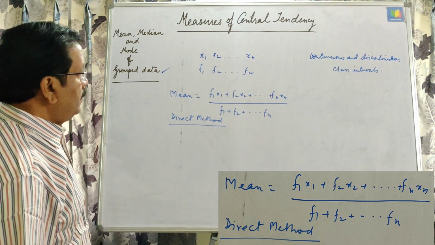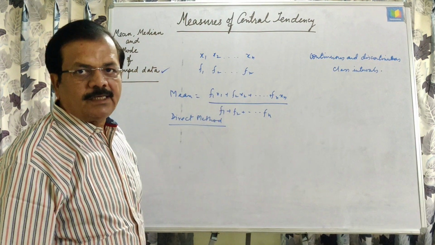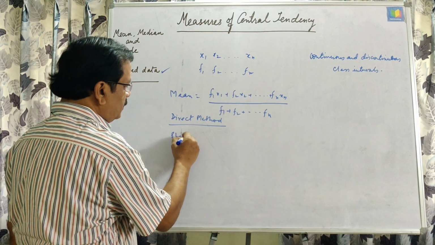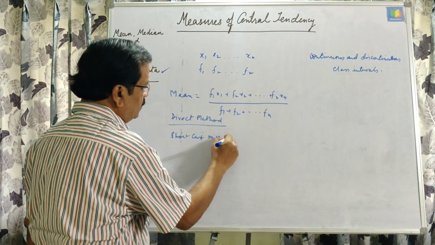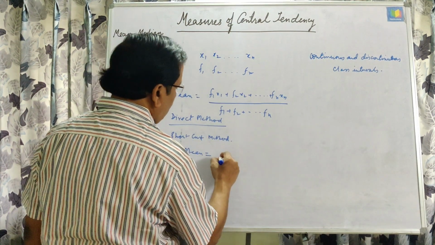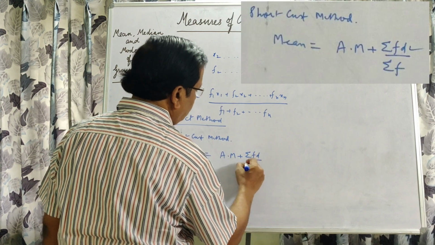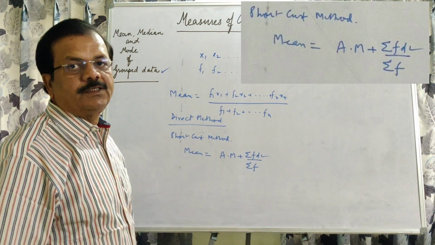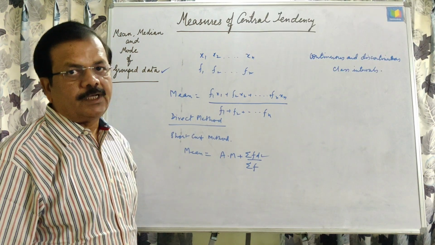But if the values of variates and frequencies are larger, then we will use the shortcut method. In this case, mean will be equal to assumed mean plus sigma fd upon sigma f, where d is the deviation from the assumed mean. This will be more clear when we solve the questions accordingly.